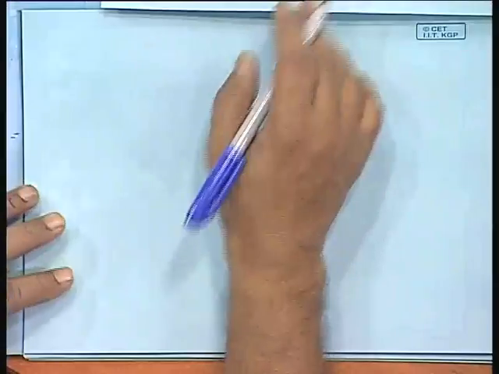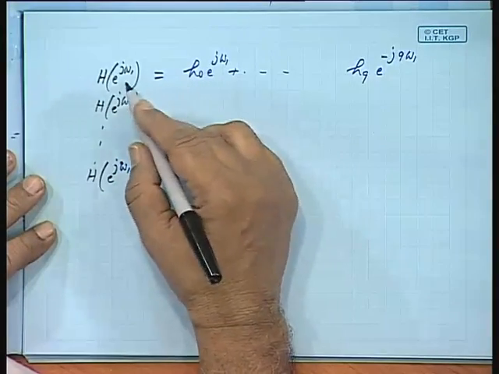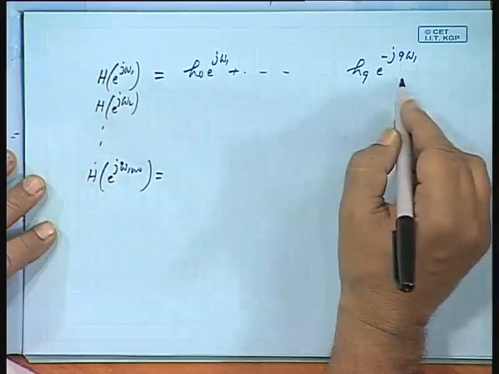You have as many points as you want, and then you go by a minimization technique. Say we have got 1000 points, and we can write H e to the power j omega 1 as this.